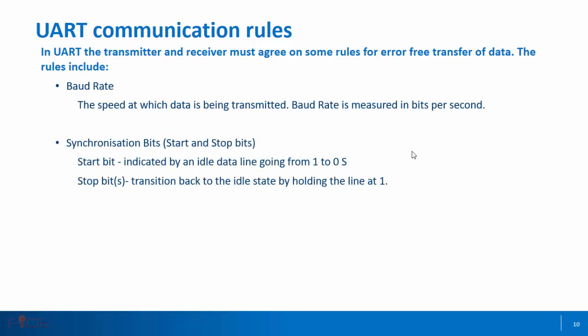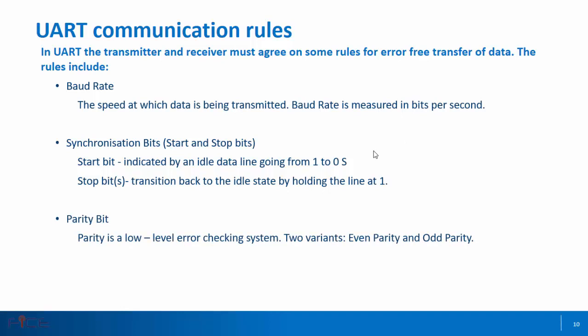Second is synchronization bits, which are start and stop bits. The start bit is always indicated by an idle data line going from 1 to 0, while the stop bit will go back to the idle state by holding the line at 1. The third one is the parity bit.